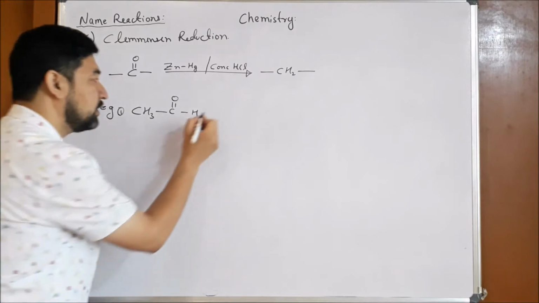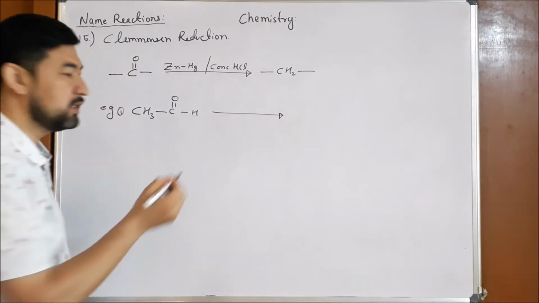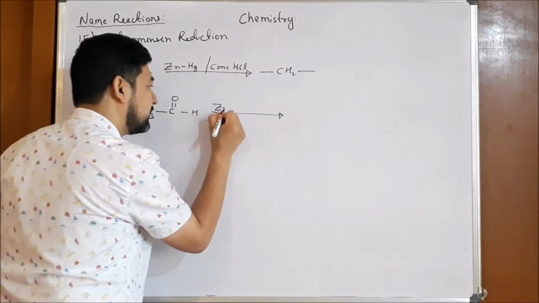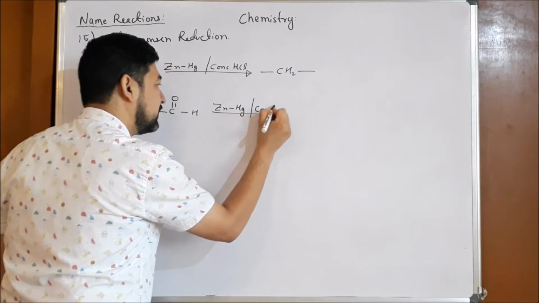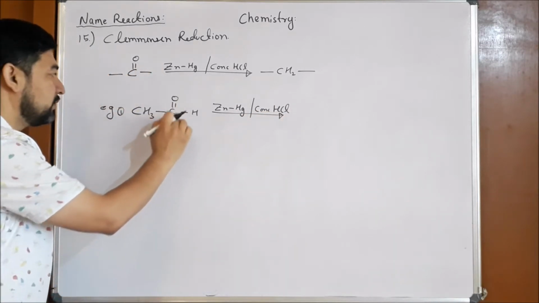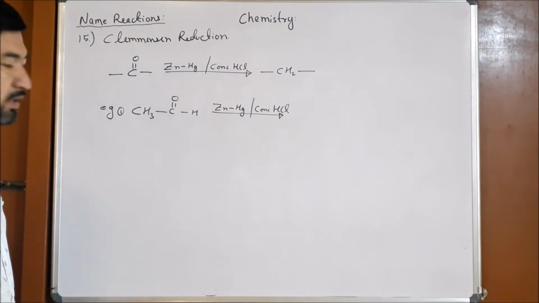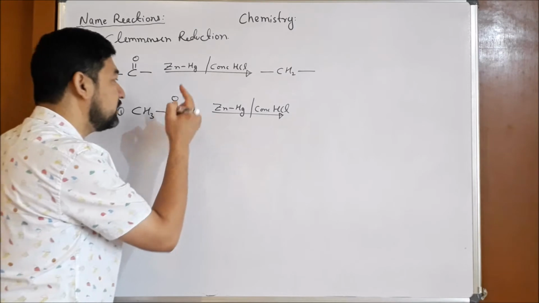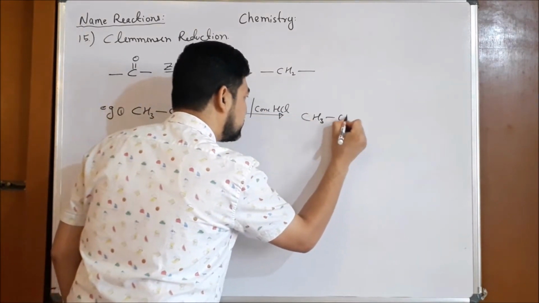If it is treated with zinc amalgam, that is a mixture of zinc and mercury, in the presence of concentrated HCl, then this C double bond O is converted into H2. Okay, so it will be CH3.